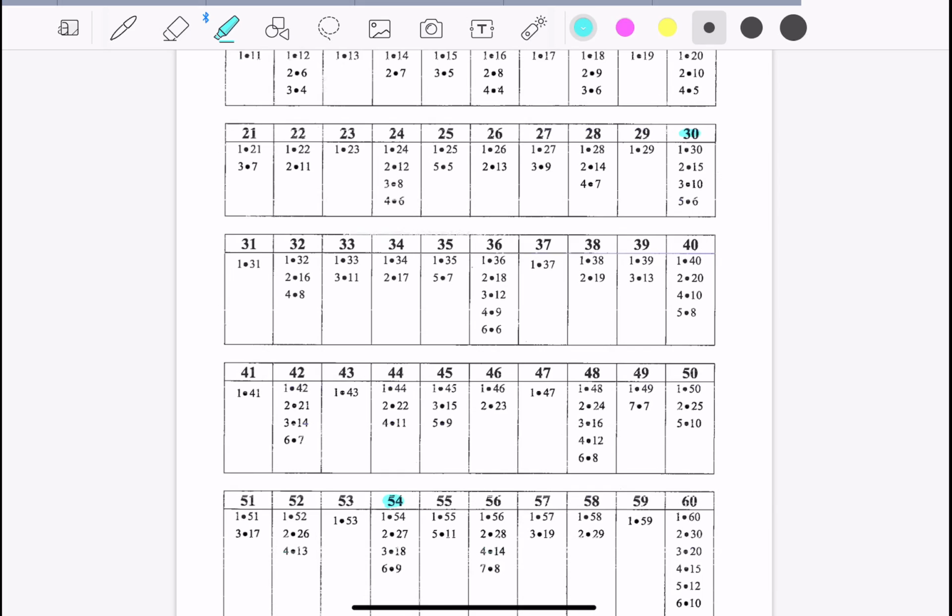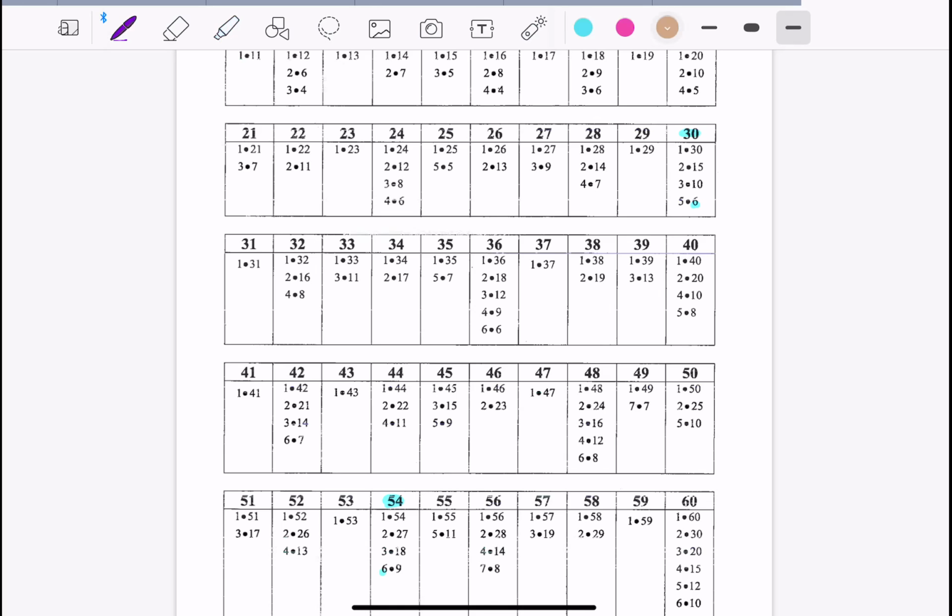So 30 has 1 times 30, 2 times 15, 3 times 10, 5 times 6. 54 has 1 times 54, 2 times 27, 3 times 18, 6 times 9. I have to find the common factor they both have, the biggest one. They both have 1, they both have 2, they both have 3, but they both have 6. And 6 appears to be the largest factor that they both have in common, so their greatest common factor.